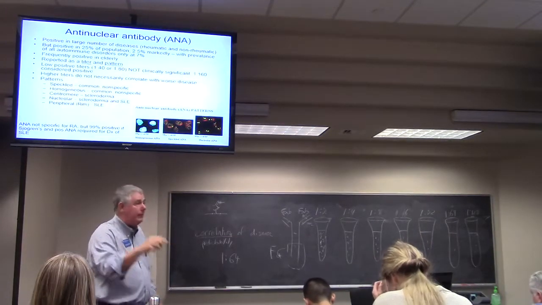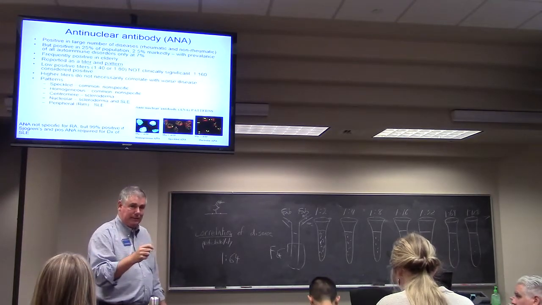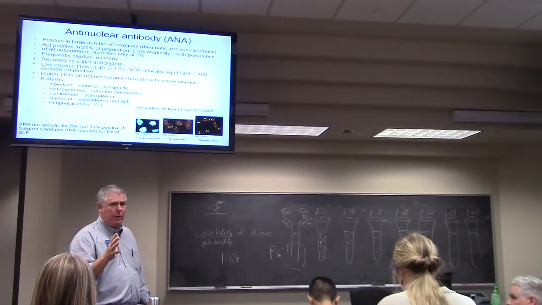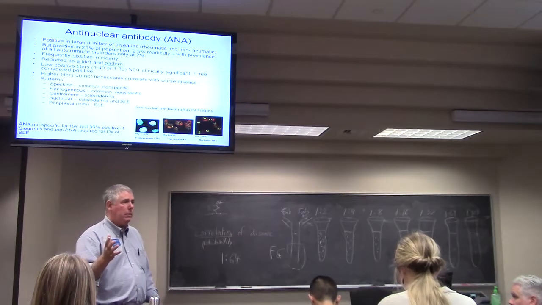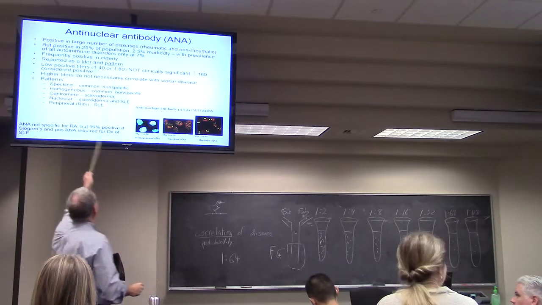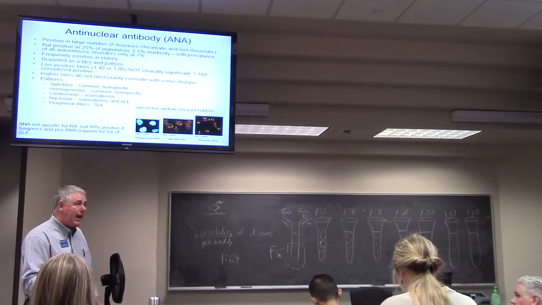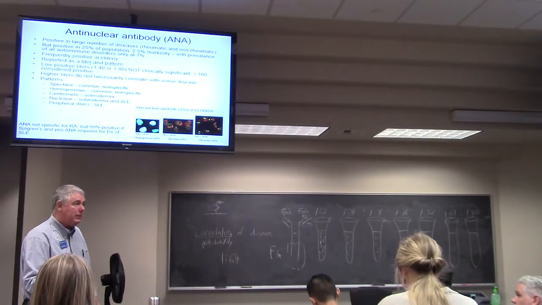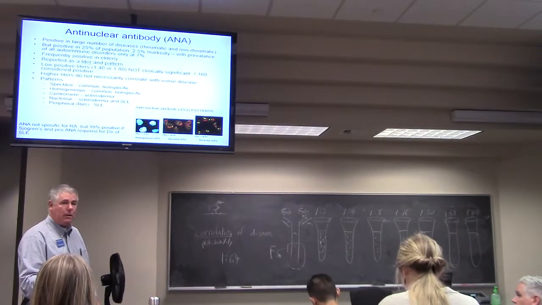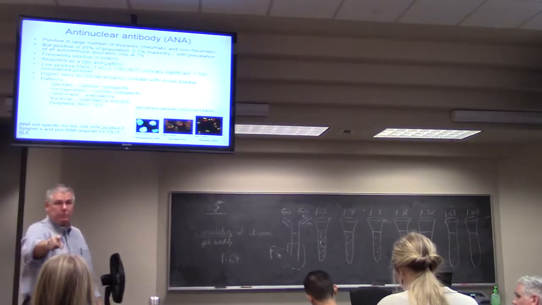Keeping in mind that this is not causation. I mean, it probably is to a certain degree. I mean, I'm sure it is. But because a lot of people have positive ANAs, you can't say you have lupus. You have to correlate the lab with the person.